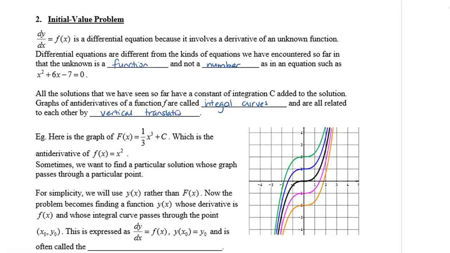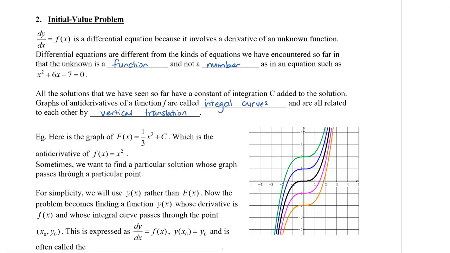If you recall how I started the antiderivative section, I asked you to find the derivative of y equals x squared plus 5 or minus 3, and we found that we always got y prime equal to 2x. So when I found the antiderivative, we knew that it would be x squared plus c, and that c value could be any number. Because it can be any number, that c is actually our vertical translation.